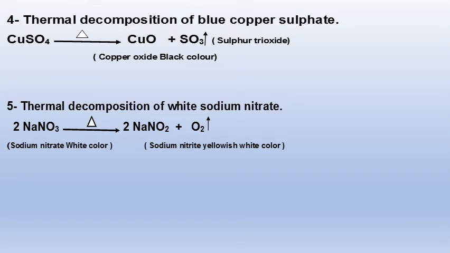Pay attention, nitrate NO3, nitrite NO2. Sodium nitrite is yellowish white, plus O2 evolves, which is oxygen gas. Pay attention here in this chemical equation, we have a coefficient 2 beside the sodium nitrate and 2 beside the sodium nitrite, to balance the equation.